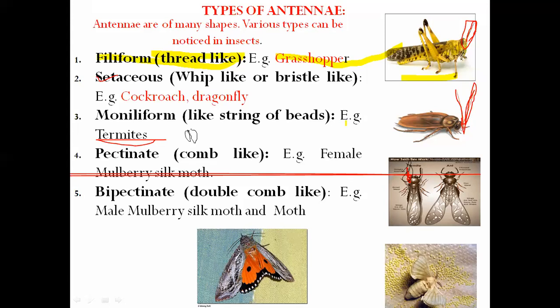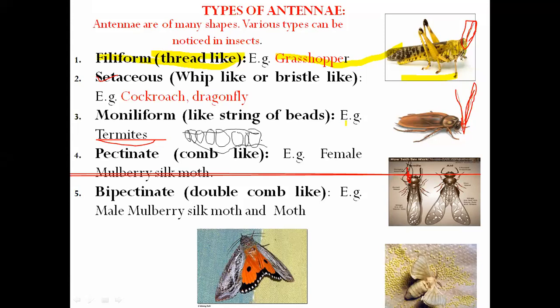It's not possible to draw, but I am trying like that. That is called the globular shape of this antenna in case of moniliform.